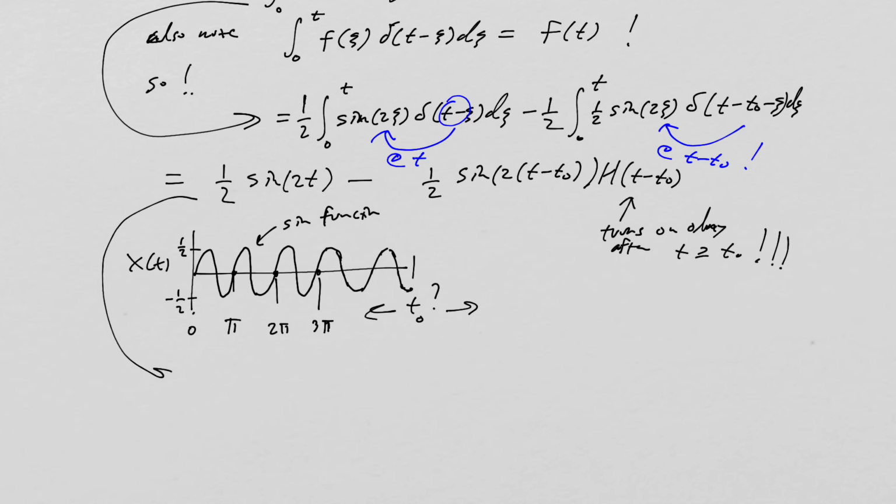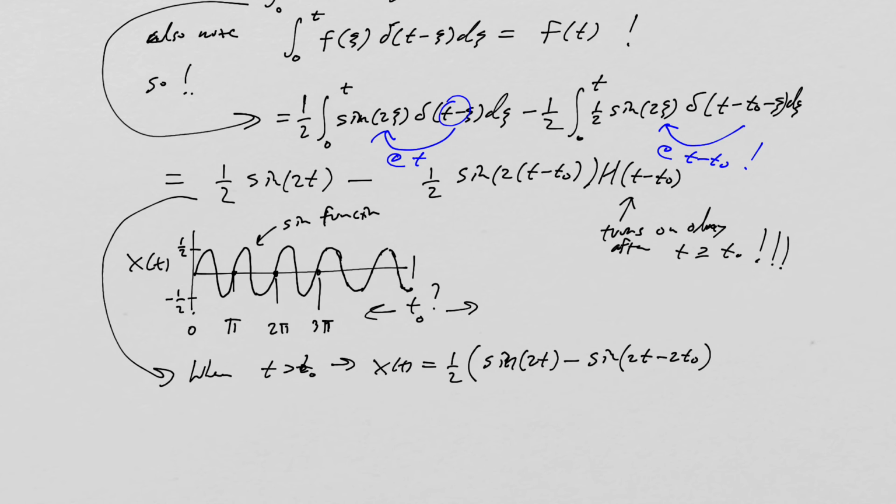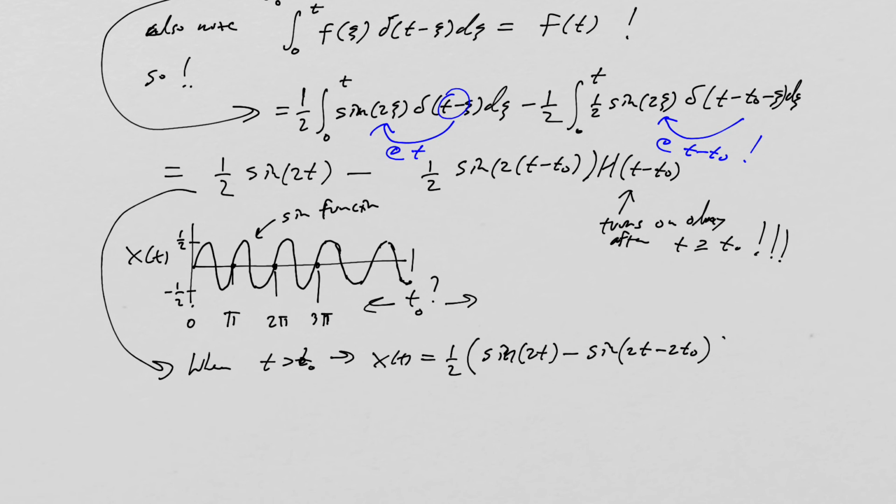Well, if we look at our answer, I think we can see it pretty clearly. So when t is greater than t naught, x of t is going to be equal to the following: 1/2 times sine of 2t minus sine of 2t minus 2t naught. So what we need to do is make these two cancel.